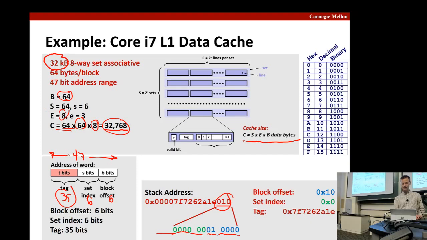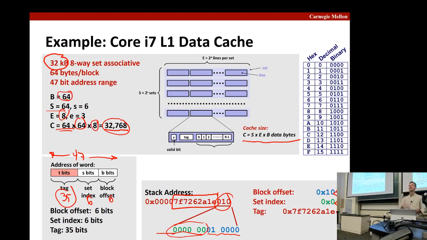And so what we see is that the set index here is all zeros. So we get a 0 here. The block offset is this here, which is 1, 0 in hex. Or 16, and the tag is all the rest of the stuff. Okay, so it's the 35 bits that are left from there.